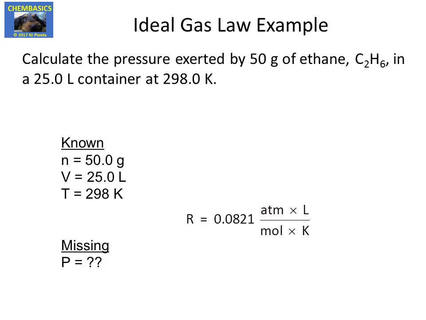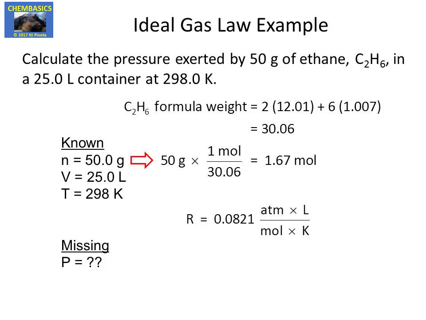We actually know how to convert from moles to grams given a formula, and that's the formula weight, or the molar mass. We start by calculating the formula weight for C2H6. There are 2 carbons at 12.01, the atomic mass of carbon, and 6 hydrogens at 1.007, another value that comes from the periodic table.